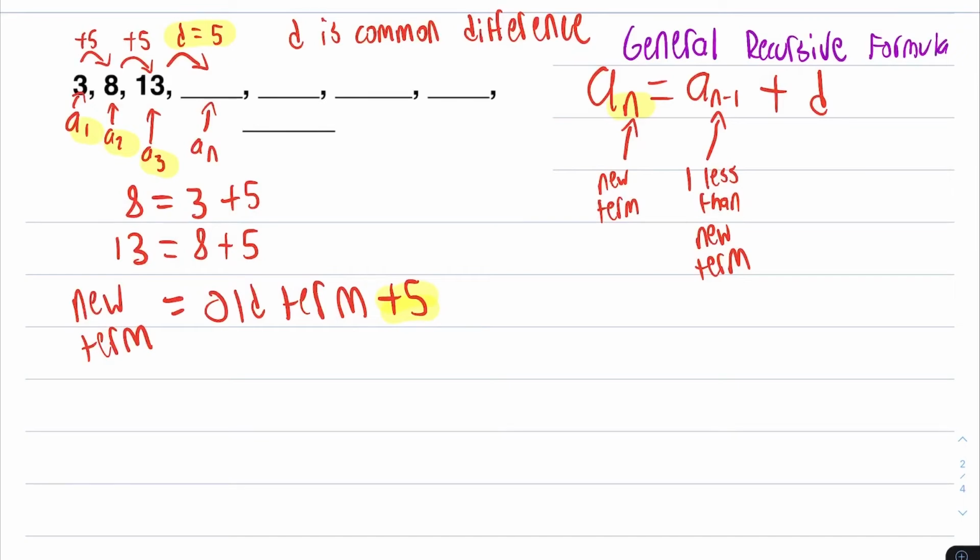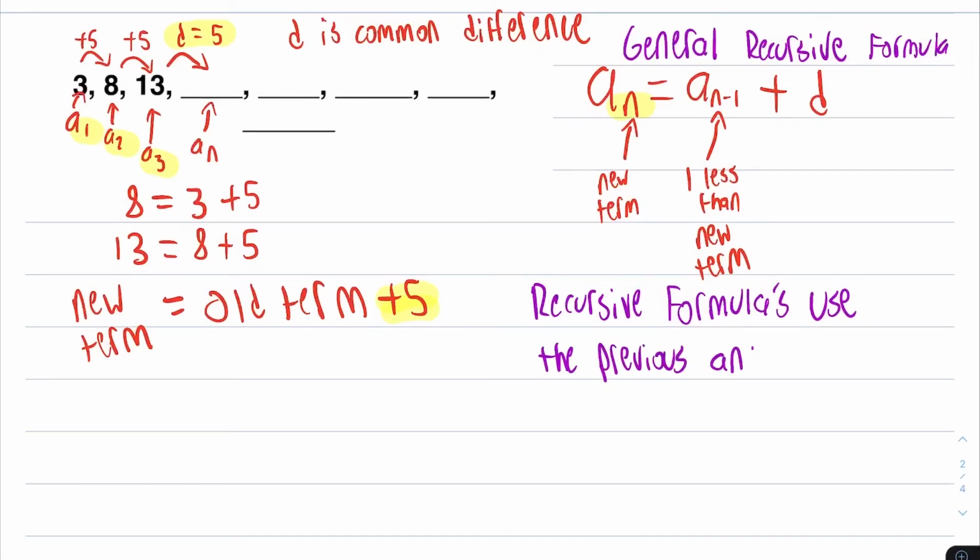And what a recursive formula is, it uses the last answer to get a new answer. So recursive formulas use the last thing you learned to get the next one.